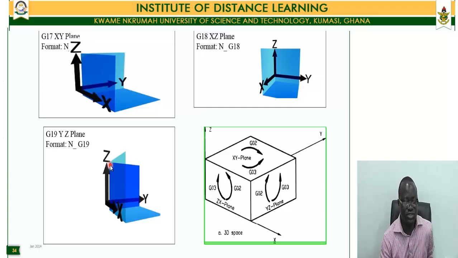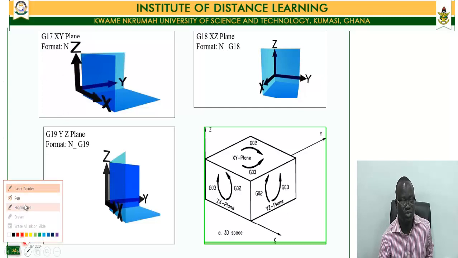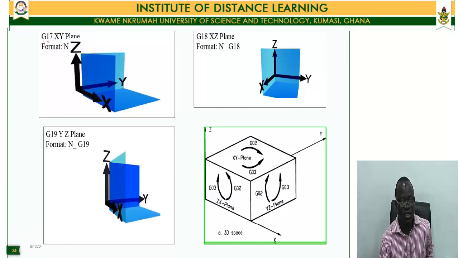If the tool is going to cut in the YZ plane, then we issue a G19 command to show that the tool will be cutting in this plane.